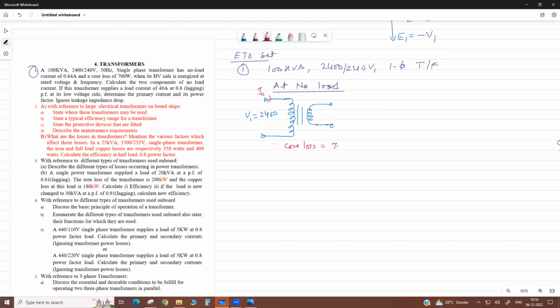The core loss is given as 700 watt. No load input power is considered as core loss, that is W naught, given as 700 watt.